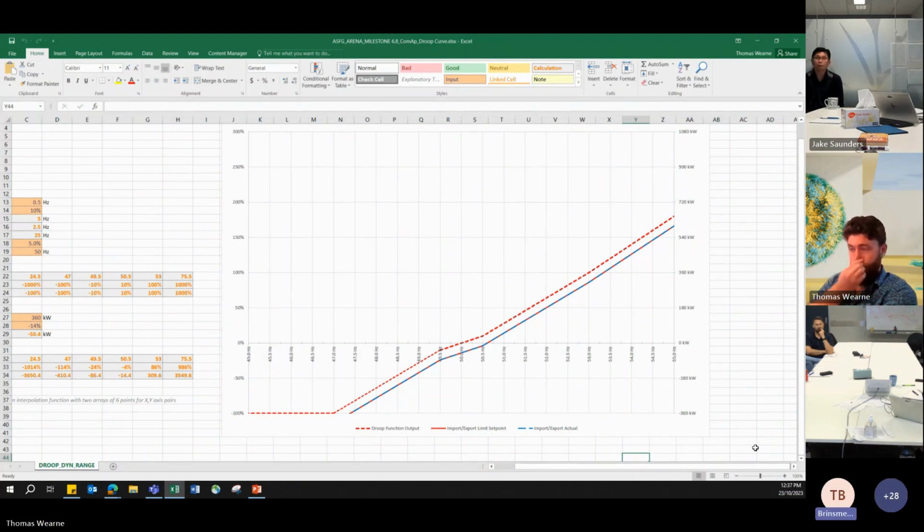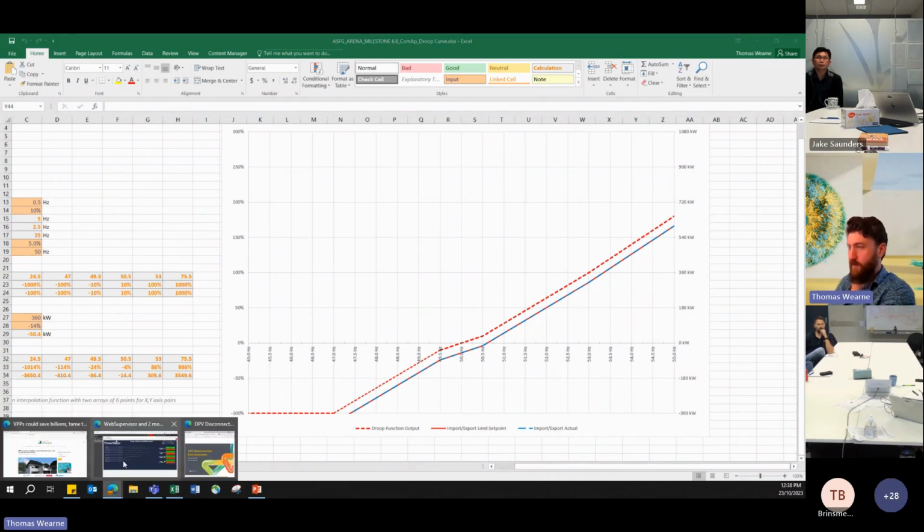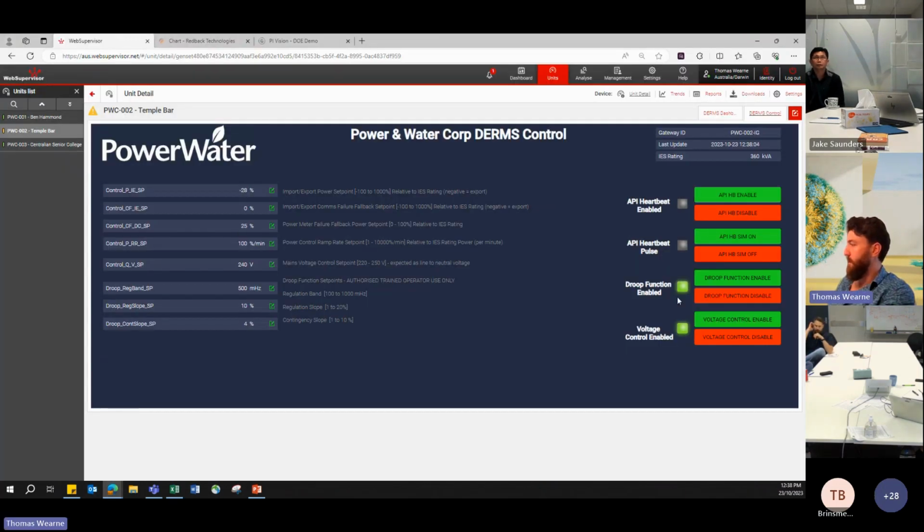Okay, so that group setting would be in place all the time, but it would only affect the operation if you had a significant change of frequency. No, it goes all the time, unless we switch it off. So we can turn the droop off here, and we can set the thresholds at which it happens. When I showed this to controllers, it was great.